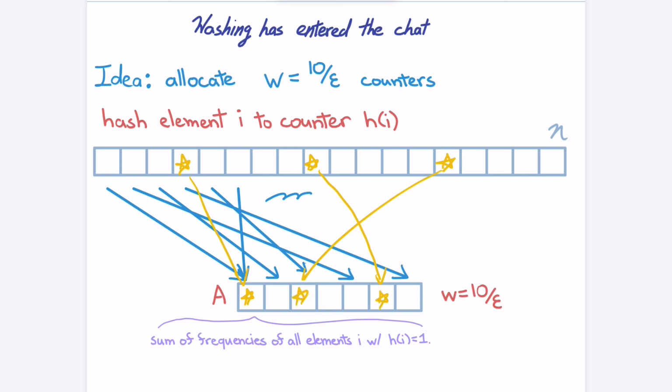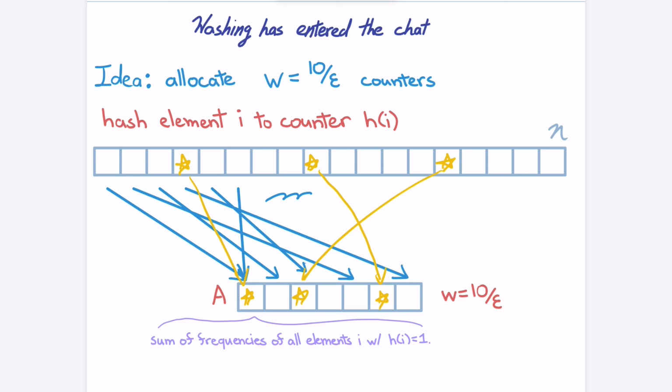Then the counter that it gets hashed into will actually be the right number. So in one extreme case, if only 3 elements actually appear in the stream, then they won't collide, and this will just preserve the information exactly.